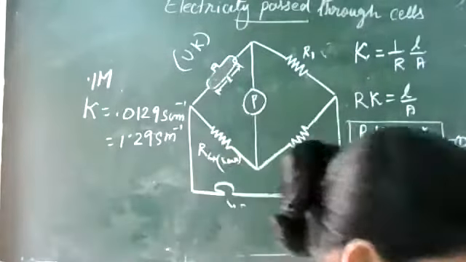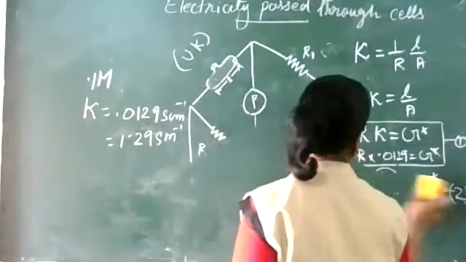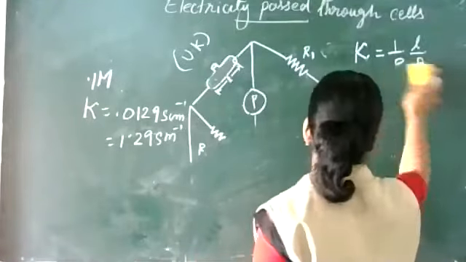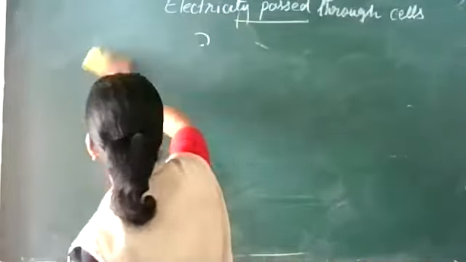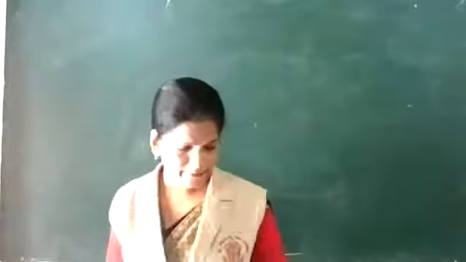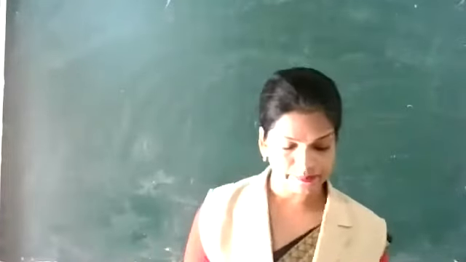Let me write one question. I'm giving that question in 3 parts. The first part is to find out G star, and the second part is to find out kappa. There is a third part that we will do after learning molar conductivity.